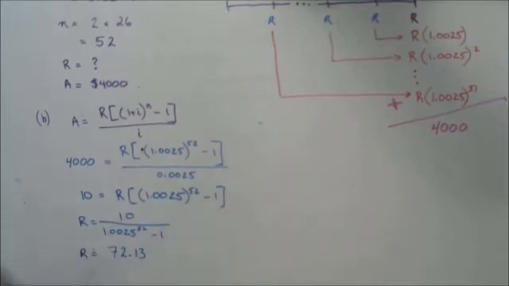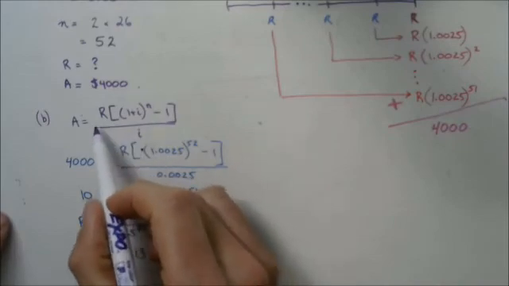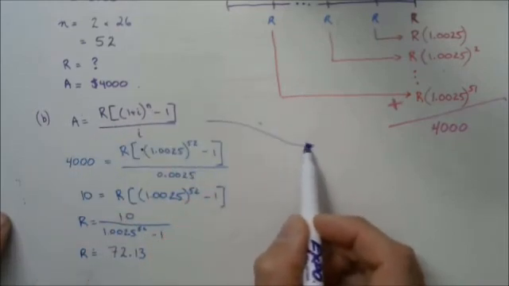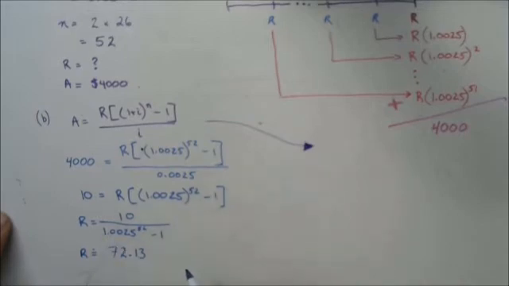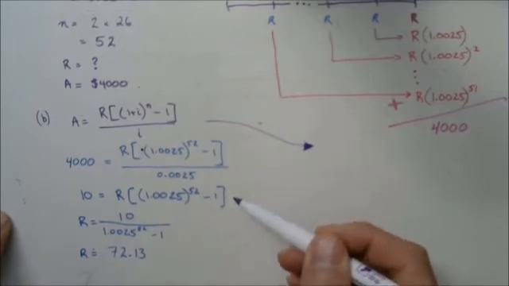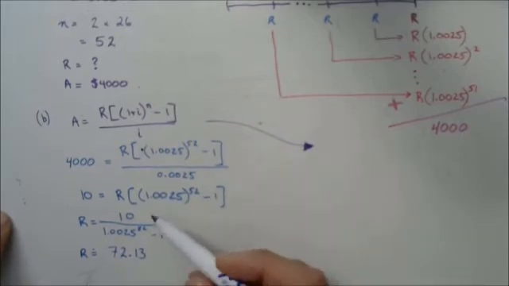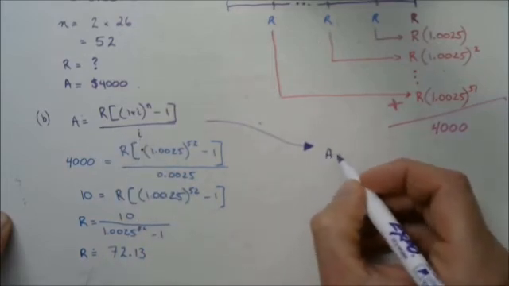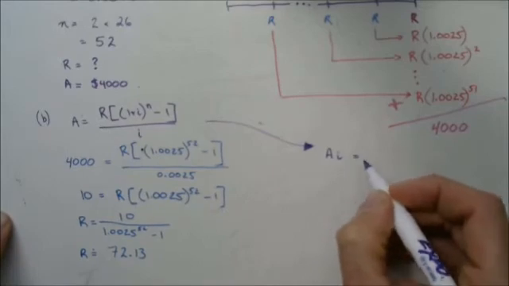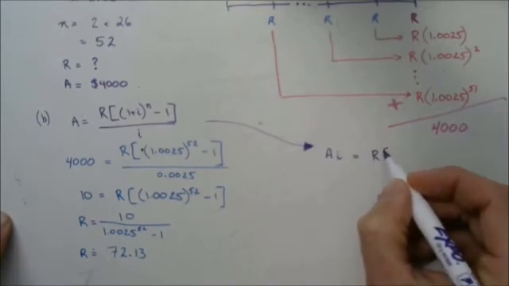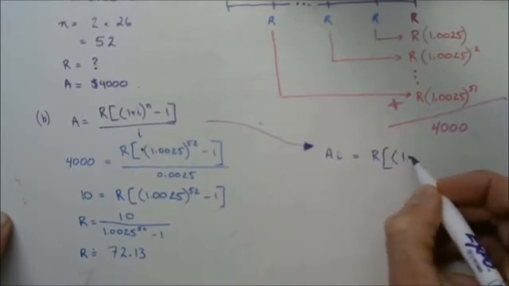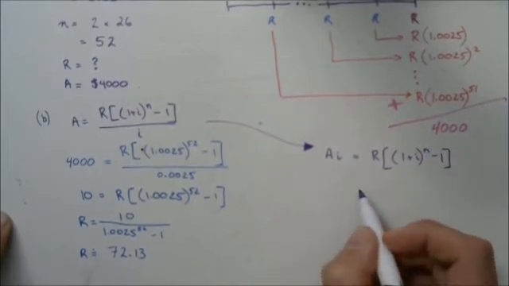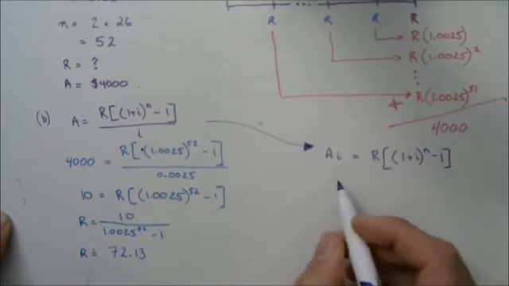Just quickly to the right here, I'm going to take this formula and rearrange it before subbing in. Basically, we're going to follow the exact same steps that we did here. We're going to multiply both sides by I. So on the left, you have A times I. And on the right, you have your regular payment times that big square bracket. And then we're going to divide both sides by the big square bracket.